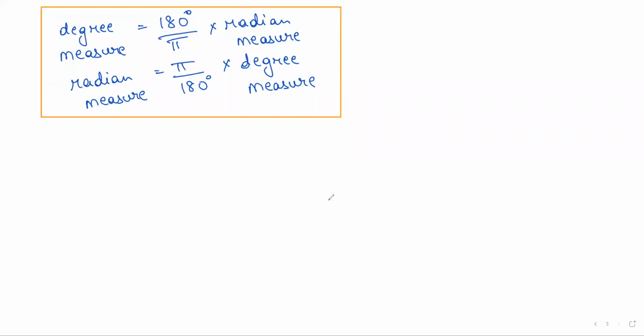Next, from the same relation, we have 2 pi radian equal to 360 degree. What will be equal to 1 radian? 1 radian is equal to 360 degree upon 2 pi. What do you mean by 1 radian measure?